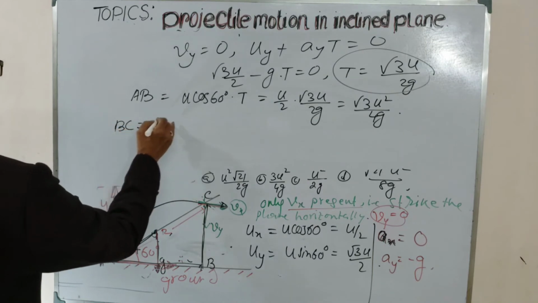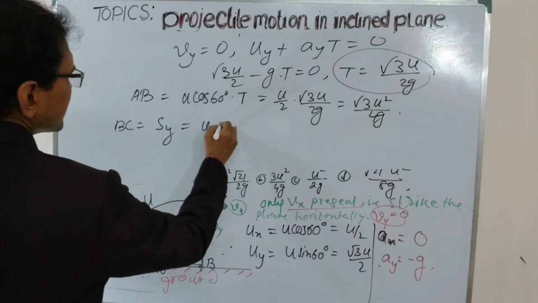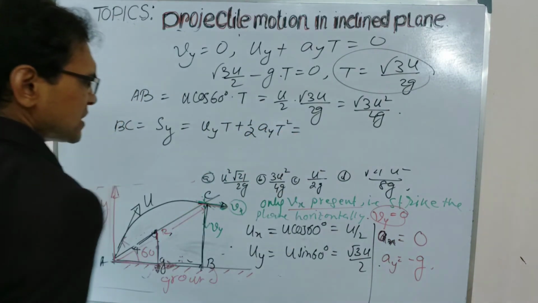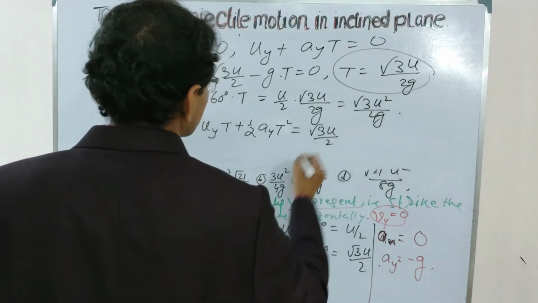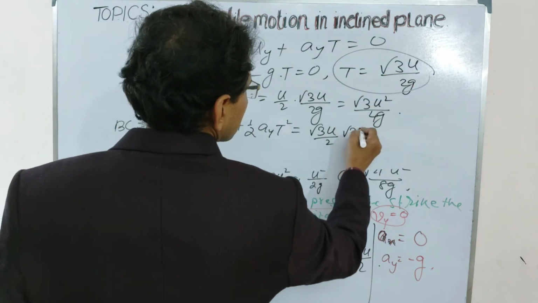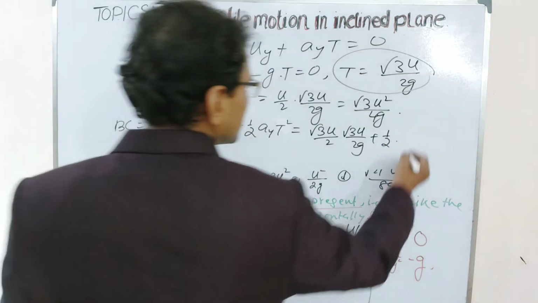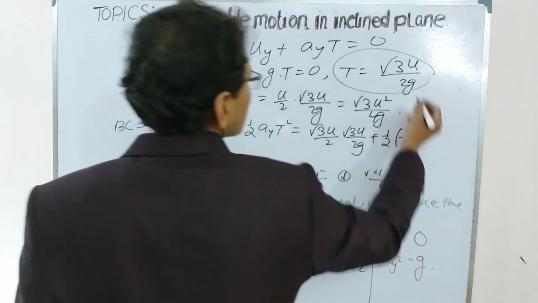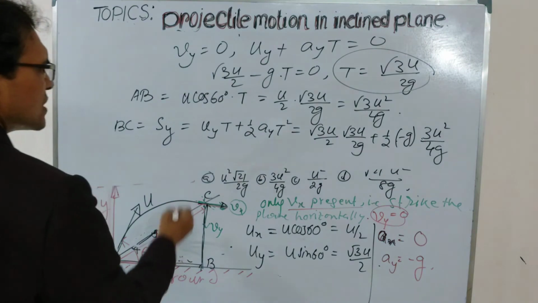BC is the displacement along the y direction, so BC equal to uy t plus half ay t square. So uy means this, into t means this, plus half ay, which is minus g, into t square. t square is 3u square by 4g. Now what is the result?